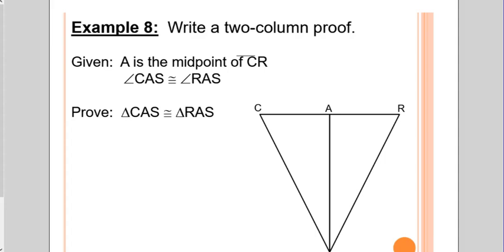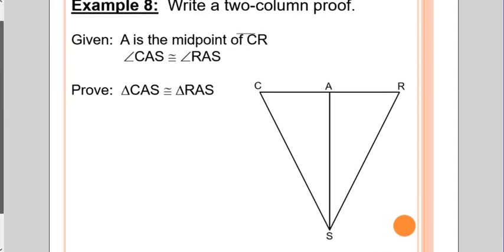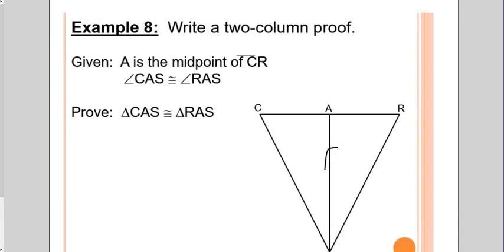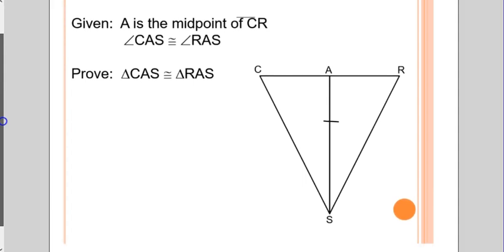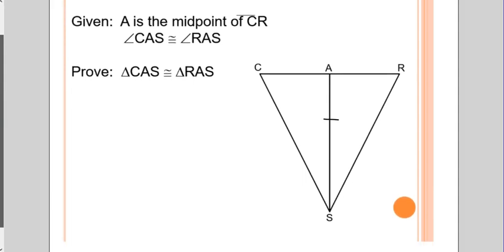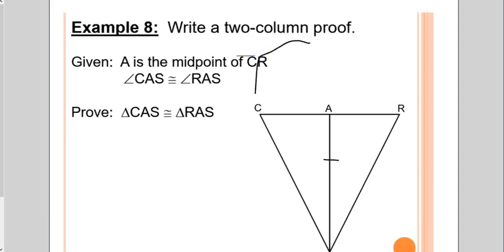All right, another one. Example 8. What do we know? We know this is congruent to itself. Not like that. Like that. It says A is the midpoint of CR. All right, well, where's CR? CR is not that. CR is this whole entire line here.